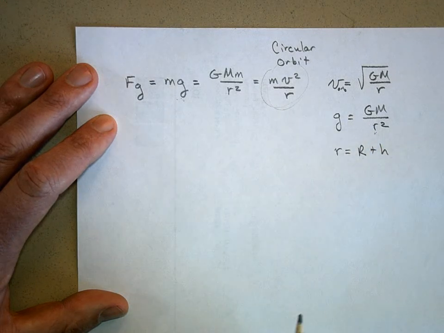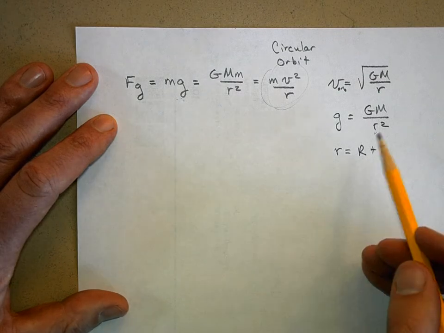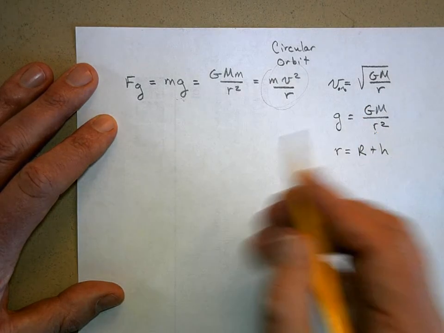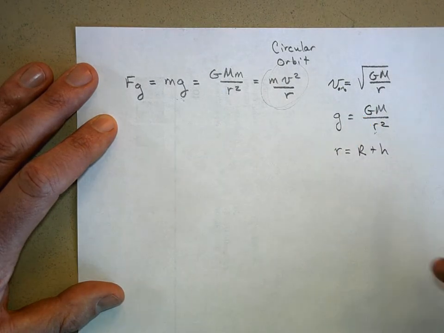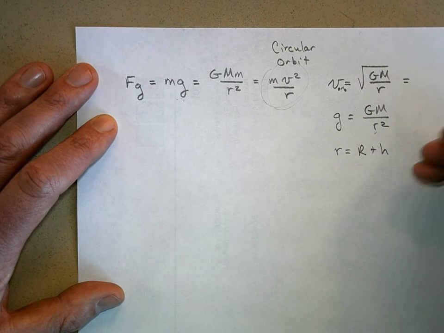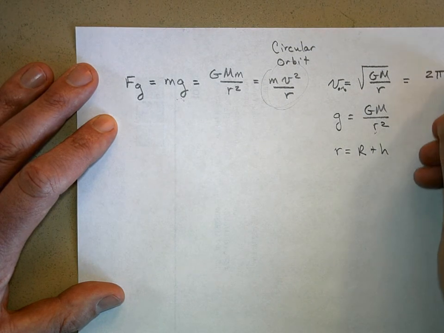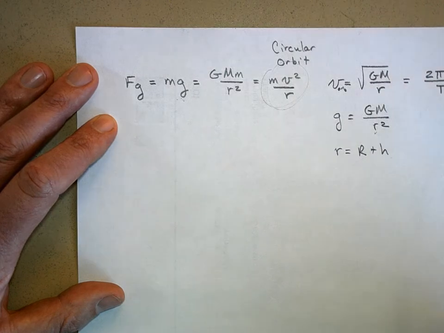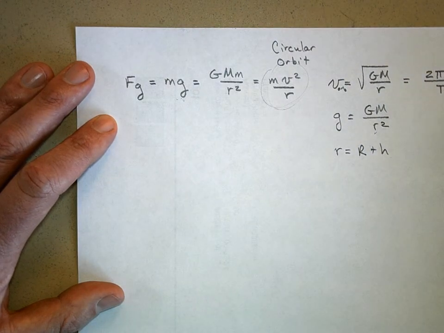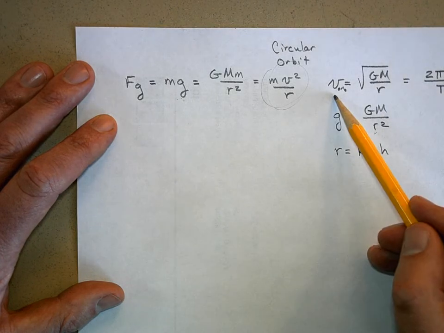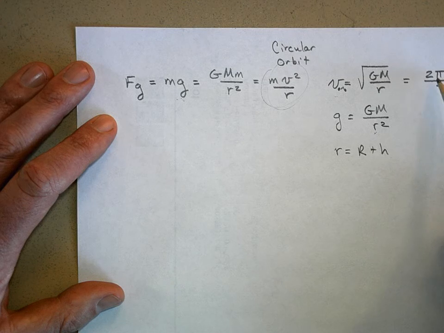One last thing to remember, that the orbital velocity is also equal to 2 pi r over the period. Sometimes they'll give you the period of the orbit and the radius of the orbit, and so you can figure out the orbital velocity using this, and then you can take this equation and solve it for the mass of the planet or whatever.